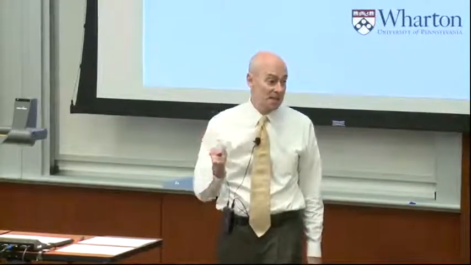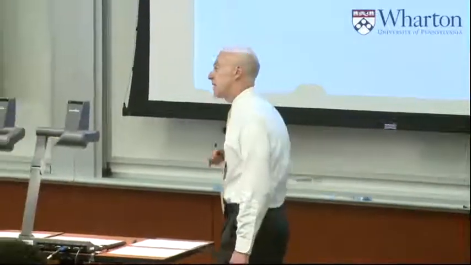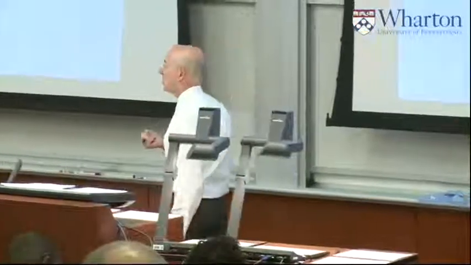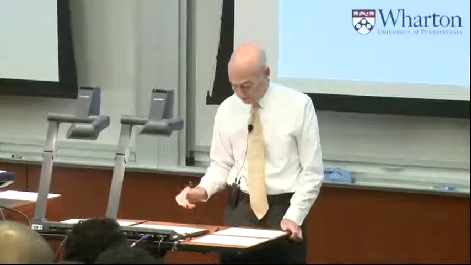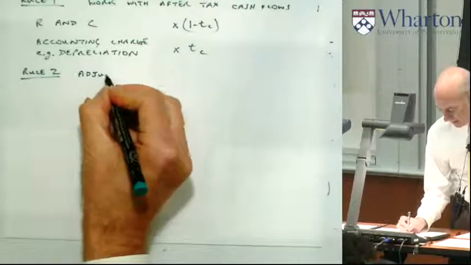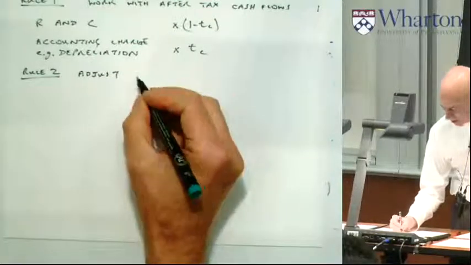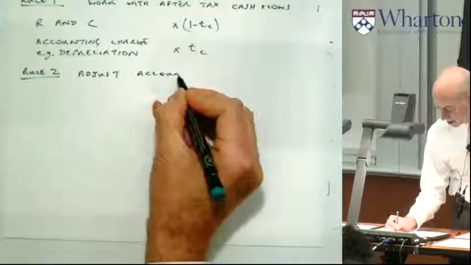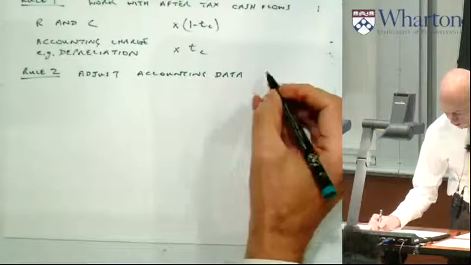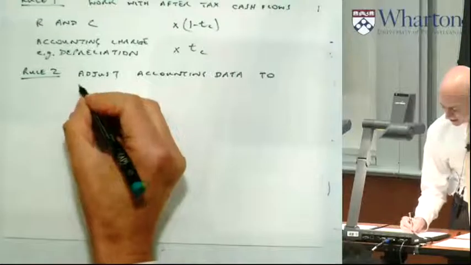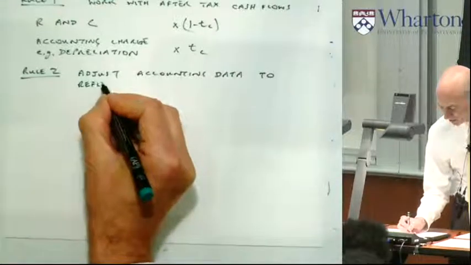In other words, it's a current asset. Similarly with costs, you may not actually have to pay it yet. We deal with that through accounts payable. We've got to make an adjustment to the accounting data to reflect these timing issues.